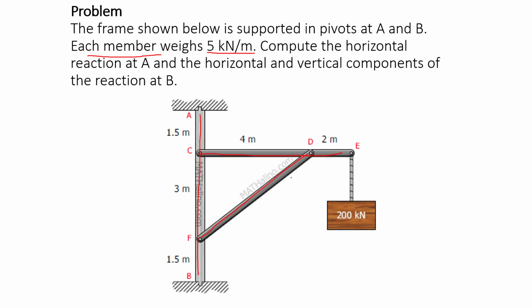So these are produced from the same material, and 5 kilonewton per meter means each 1 meter is equal to 5 kilonewton. So if it is, for example, 2 meters, it means 10 kilonewton the weight, like this. Okay, now the main problem is find the forces at A and B.